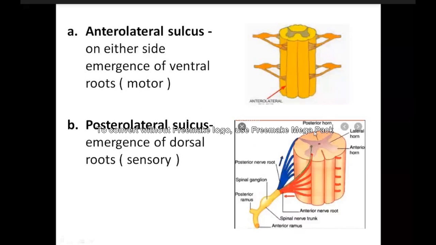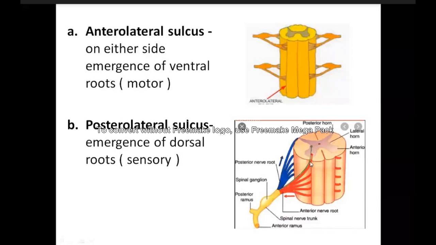Now, on either side there are two. Anteriorly this is the anterolateral sulcus, and similarly on the posterior part there is a posterolateral sulcus. So this is the anterior median fissure, and now this is the anterolateral sulcus. How do you identify the anterolateral sulcus?